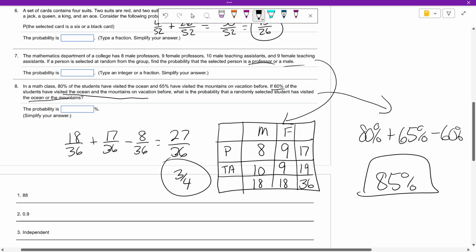Okay. So there's only 8 problems on the worksheet today. Only 8. It will not take you that long. And then next time, what we're going to do is a quiz review over 13.1 to 13.4, so everything that we've done so far.